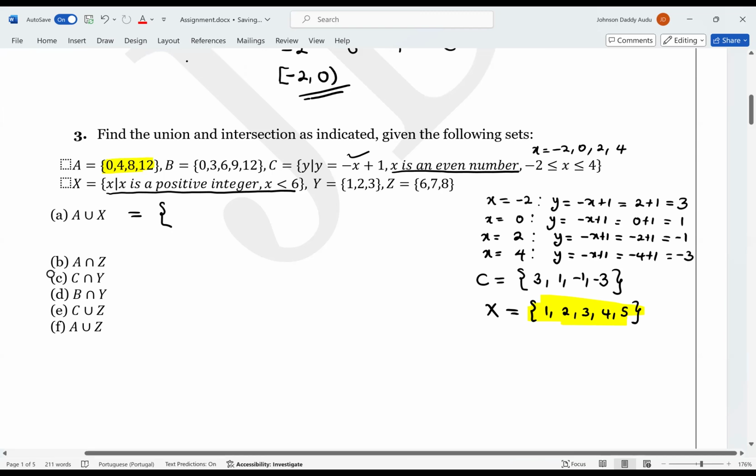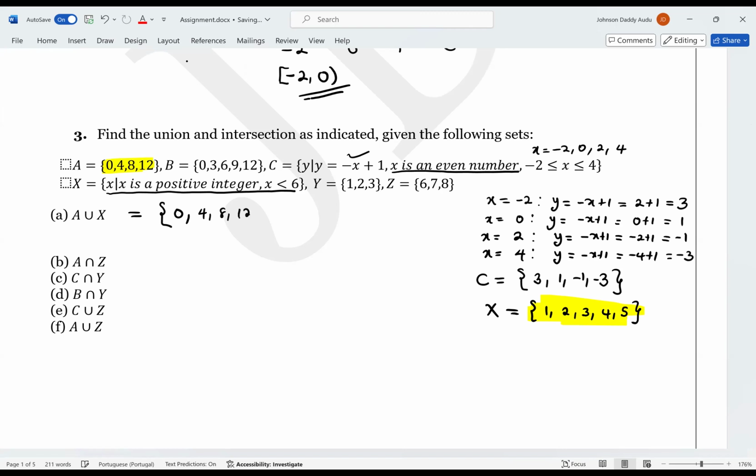So for example, we have 0 here, we can take 0. We can have 4, we take 8, we take 12, right? Then here, what is in X that is not in A yet? So we can take 1, we can take 2, we can even take 3. Can we take 4?